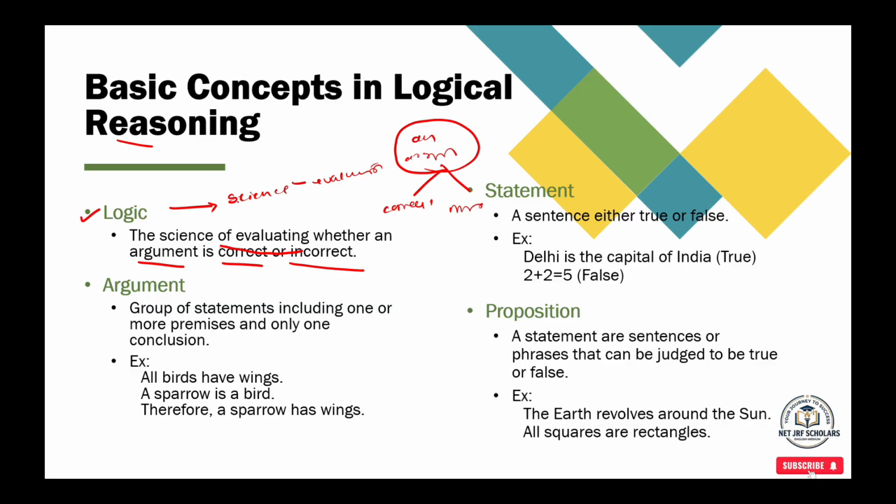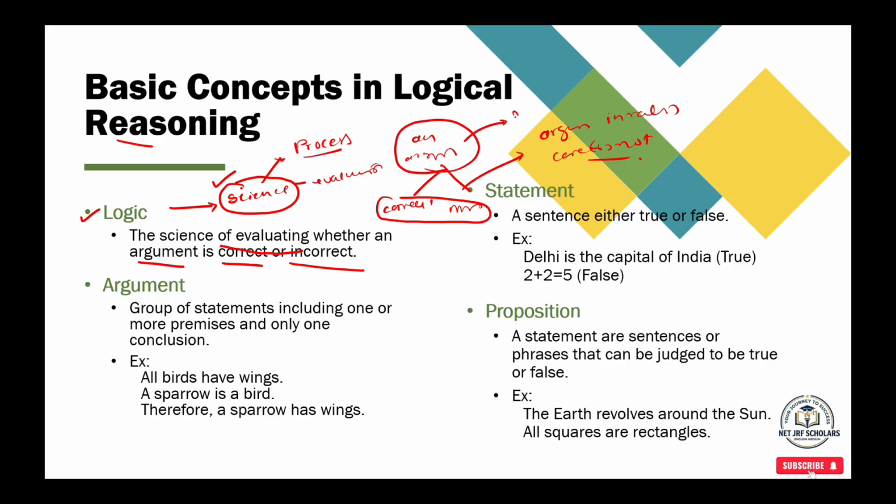It means it is a science evaluating a process, not whether the argument is in reality correct or not. So its main aim is to understand the science of argument rather than saying whether it is correct or not with respect to reality.